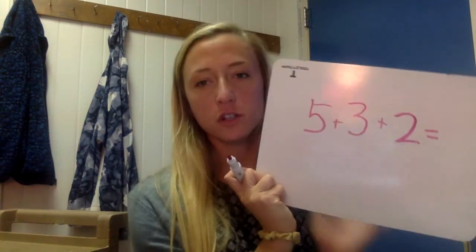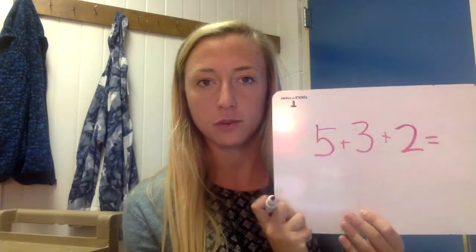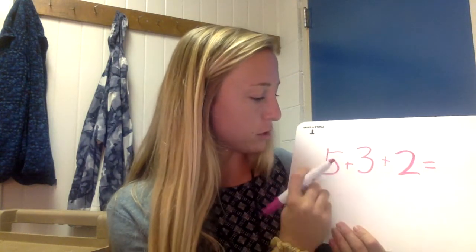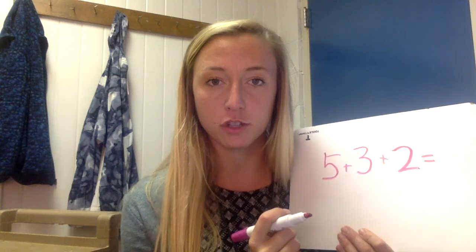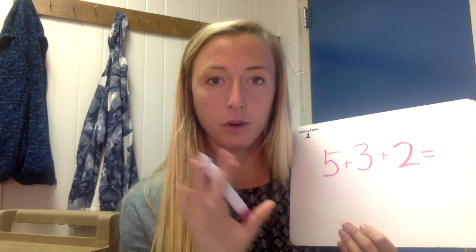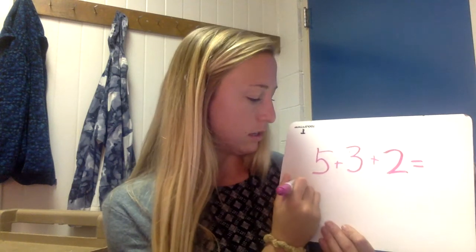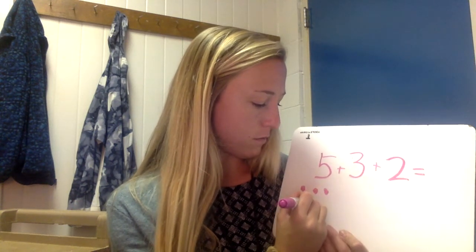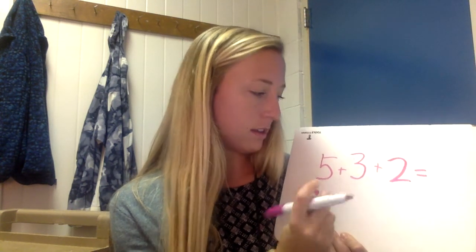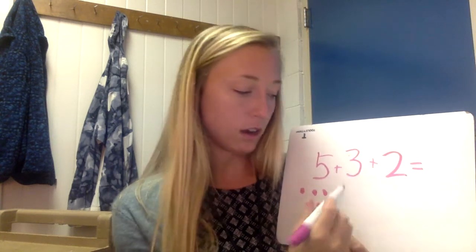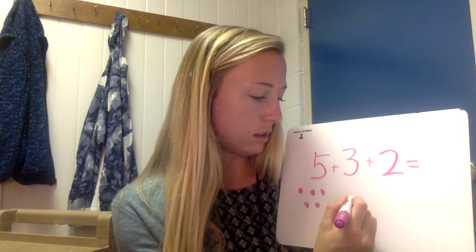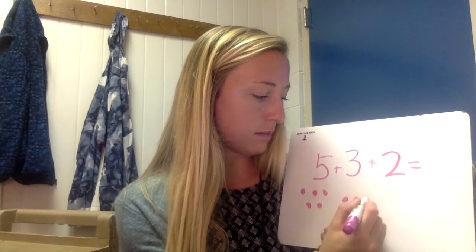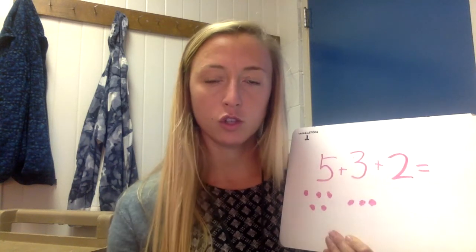So let's do our first way. I know that I said there's another way to do it as well. Okay, so the first way is to then draw a picture. So you can get your scrap paper, and I want you to draw 5 dots. So 1, 2, 3, 4, 5. Then 3 dots. 1, 2, 3, and 2 dots.